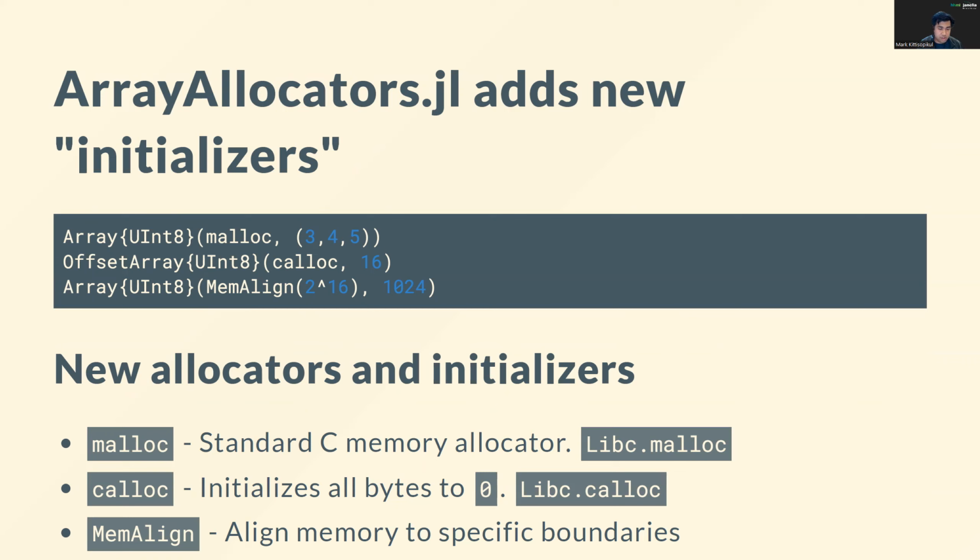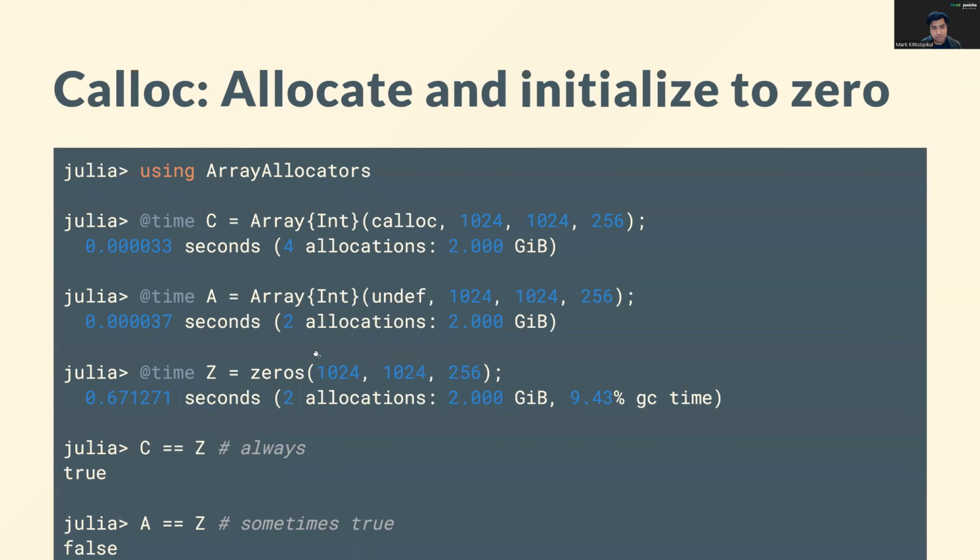A third mechanism, which I'll also discuss in a few slides, is memory alignment. So calloc is a way to allocate and initialize memory to zeros. And as you can see here, if we use the calloc allocator initializer, it's actually now very fast, as opposed to being on the order of a second when using zeros.